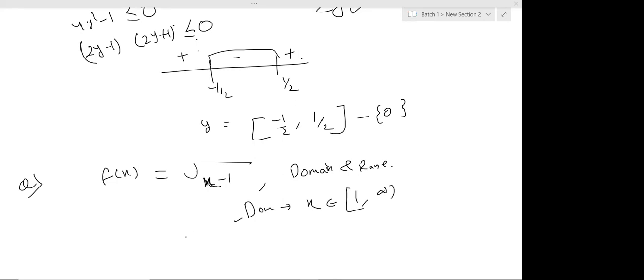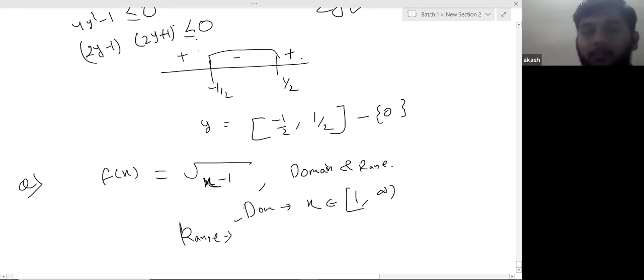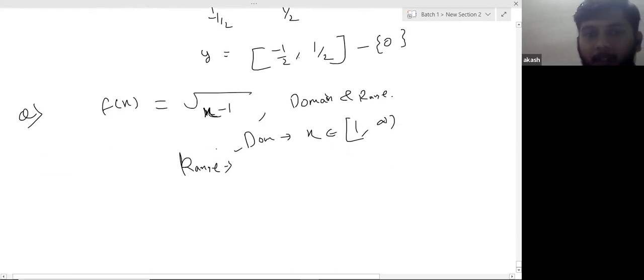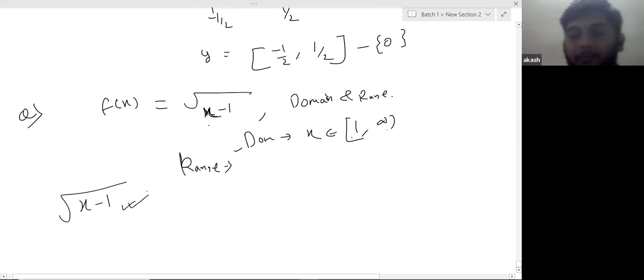How to find the range? You can take y equals this, then square and everything like that, but you can see it directly also. If x is from 1 to infinite, then what should be the minimum value of this? Just look at this function and you will have your answer.